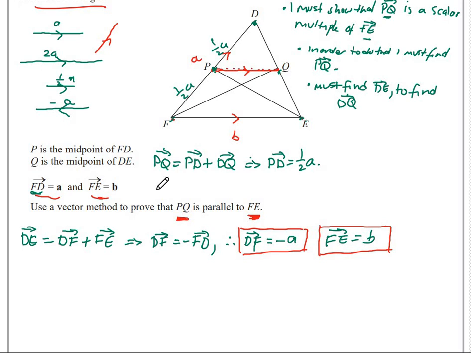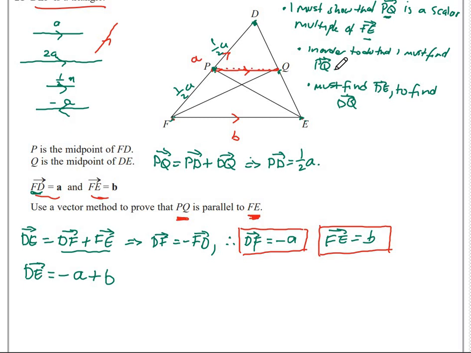We want to find DE, and DE equals DF plus FE. So we just add them together. DE equals DF, which is minus A, plus FE, which is B. Now I found DE.